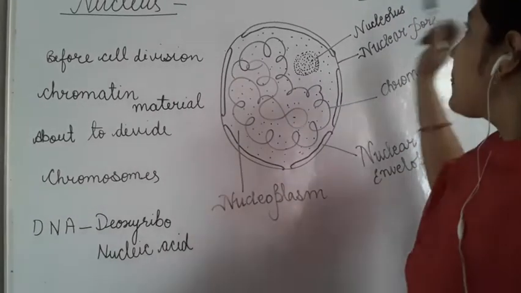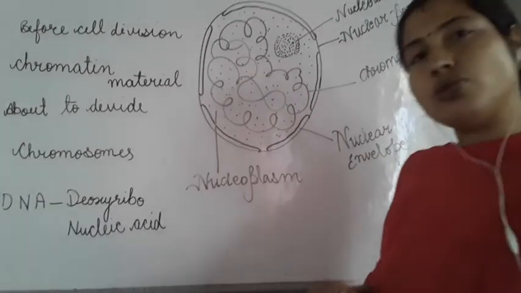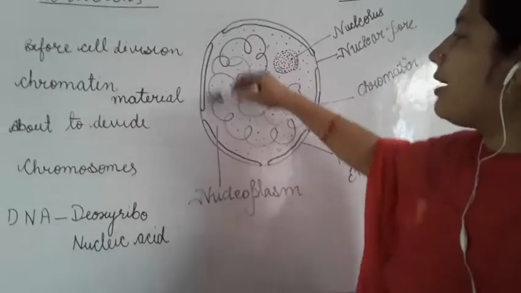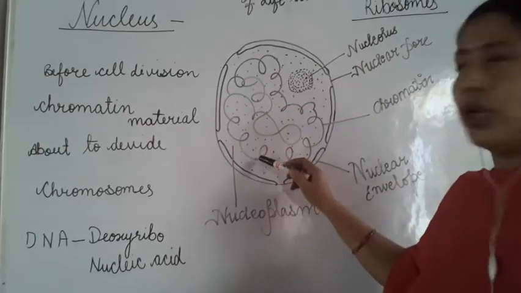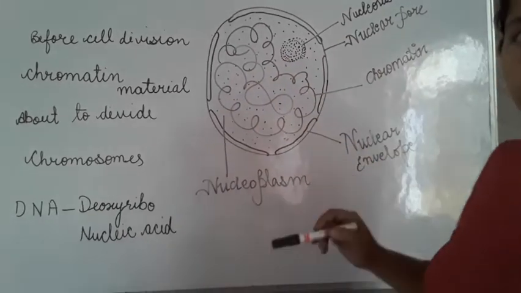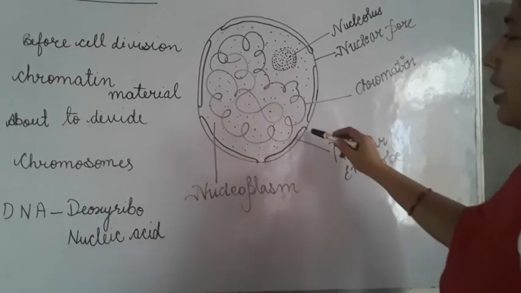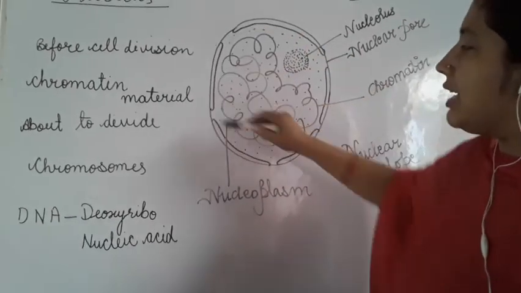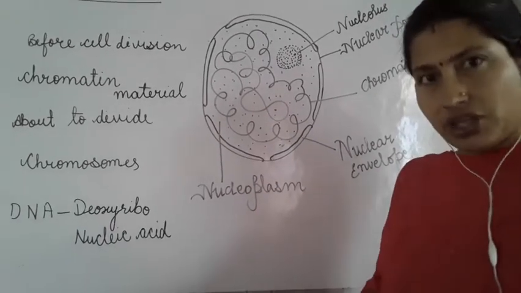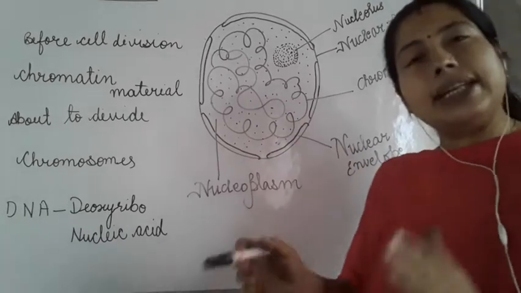Please pay attention. The nucleolus is the site of formation of ribosomes, which are called the factory of protein synthesis. The ground matter is called nucleoplasm. The nucleus is surrounded by a double layered membrane called the nuclear envelope. The nuclear envelope has pores called nuclear pores, which help in the exchange of information from the nucleus to the cytoplasm, because the nucleus is present inside the cell.